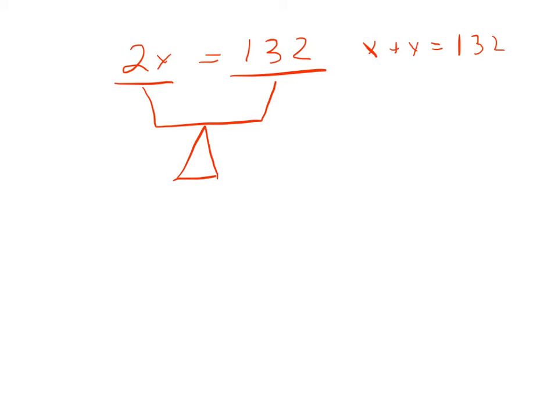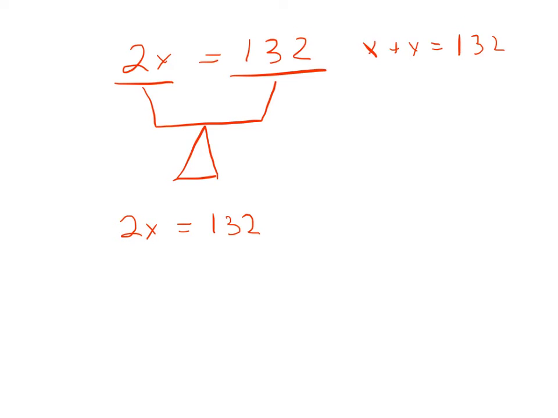Now to solve this problem, we do the same thing we did with our addition and subtraction. We want to isolate x. We want to get x all by itself over here. I've got this 2, and this is doing 2 times x. So how do I isolate the x? I need to do the opposite of multiplication. I'm multiplying here, which is division.